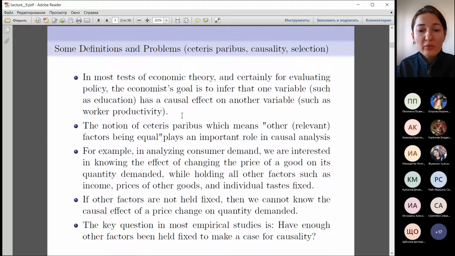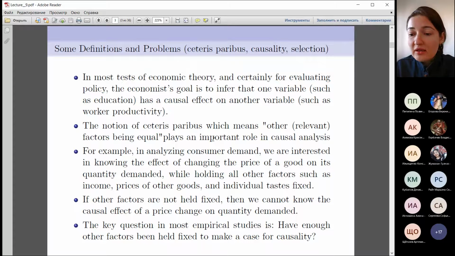And we want to fix all these factors and find how only one factor affects our main interest here, to find the relationship between our main factor and the demand. And if other factors are not held fixed, then you cannot find the answer to your research question, and then you cannot find the causal effect of price change on quantity demanded.